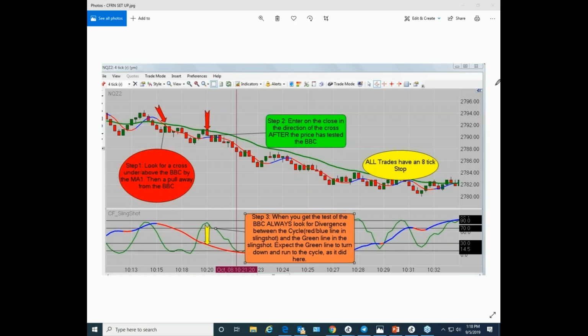And the third thing, and you're going to hear me labor over this afternoon, is that after this cross here, what CFRN members are trained to do is activate their trend line, because in some cases the market has so much bearish or bullish momentum, it's not going to get to the BBC like it does here.